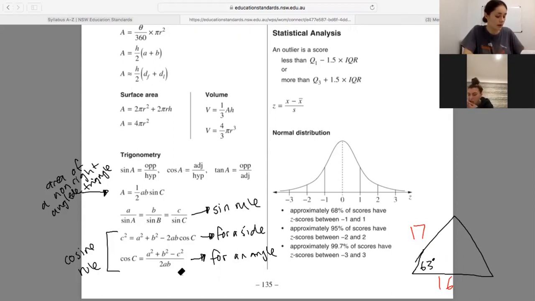Okay. So cosine rule, this for a side is when, I'm just going to type it up. You use it when you're given, wait, which one's which?